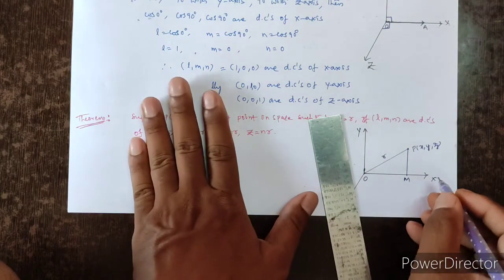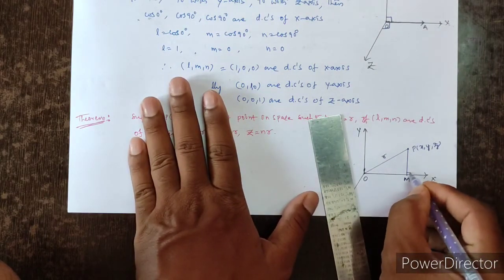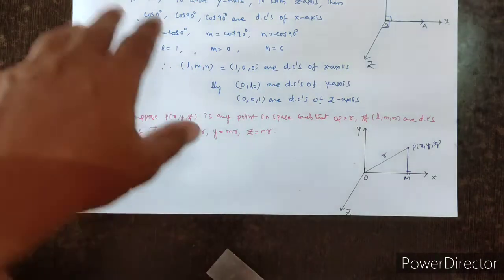PM is the perpendicular, and M is the foot of the perpendicular.